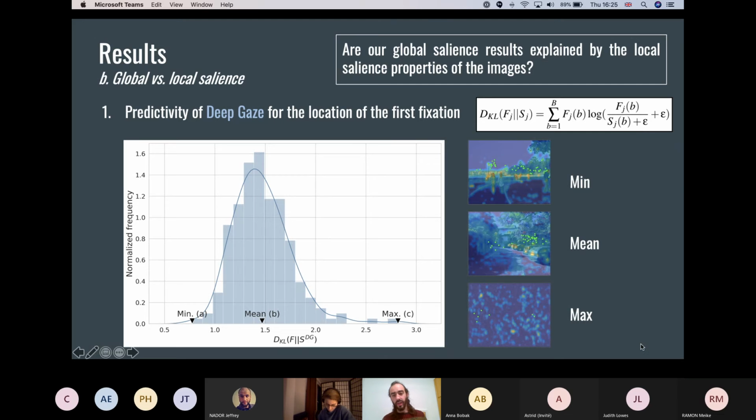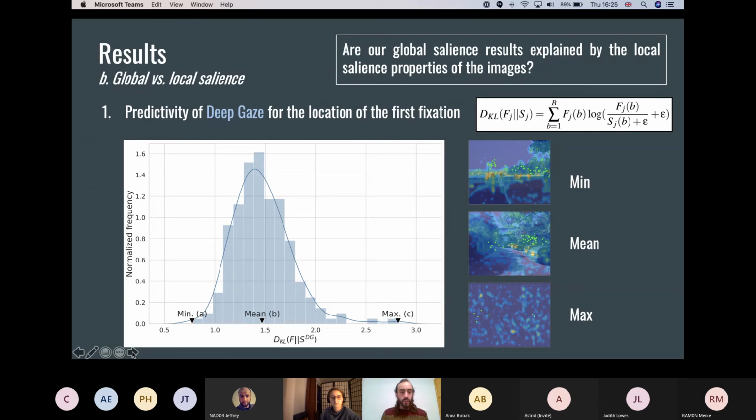When the Kullback-Leibler divergence is minimum, that means that these two maps are closest. You get that image, and in that image it is kind of okay, but in most of the images, the maps don't really correspond to each other. So local salience maps don't match the first fixation maps.